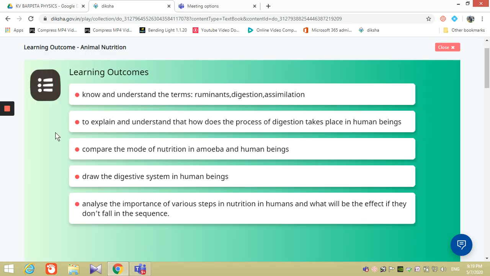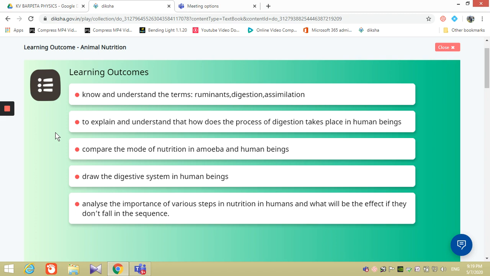So let us first discuss the learning outcomes of our chapter. After completing this chapter, we will know and understand the terms ruminants, digestion, assimilation, etc. What are the meanings of these terms? Then we will be able to explain how the process of digestion takes place in human beings.